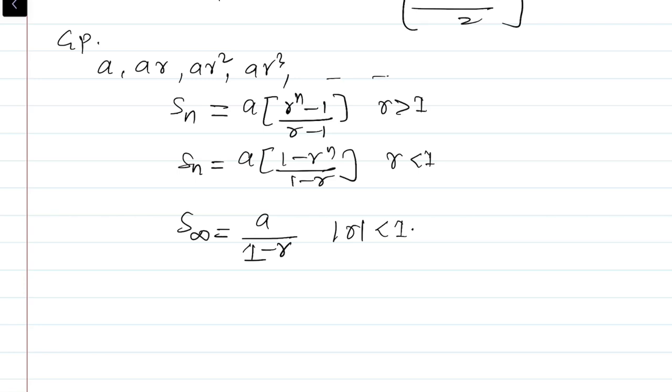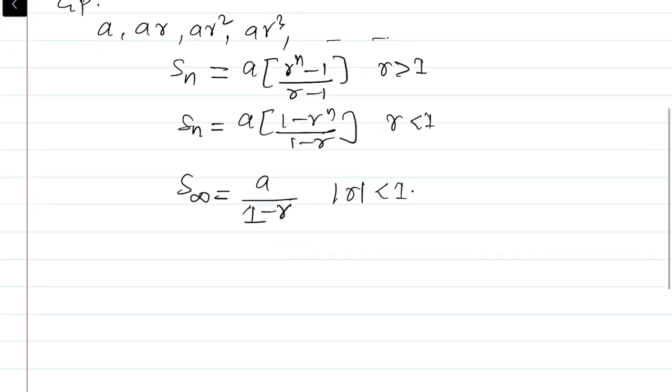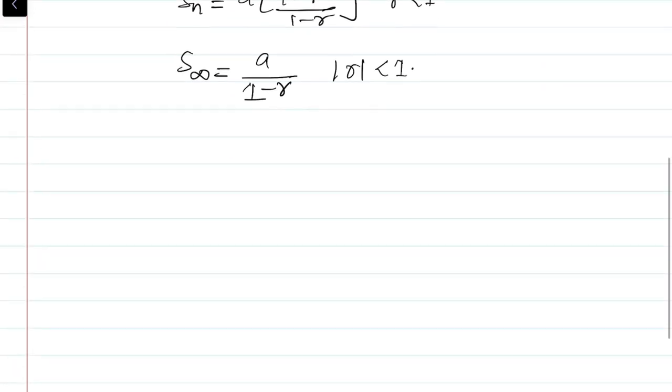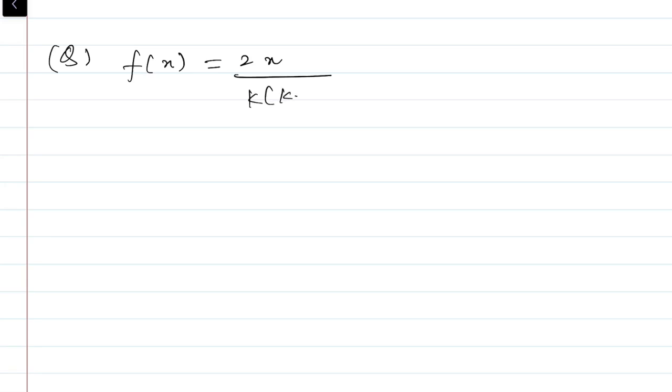Now let's do some questions. Suppose f(x) is 2x divided by k times k plus 1 for x equals 1, 2, 3 up to k. Now you are asked to show that this is a valid PDF.